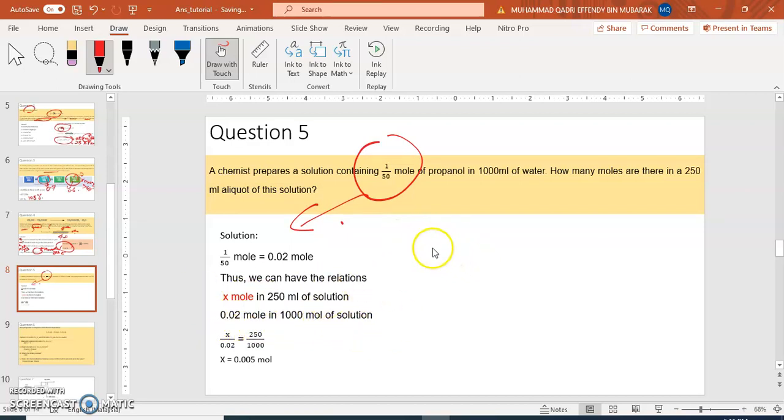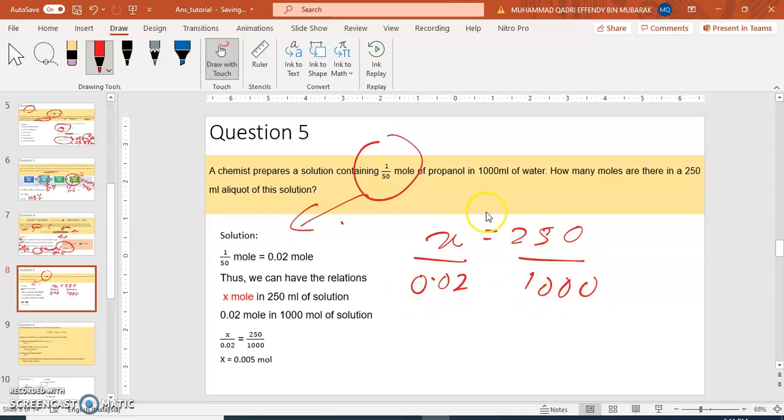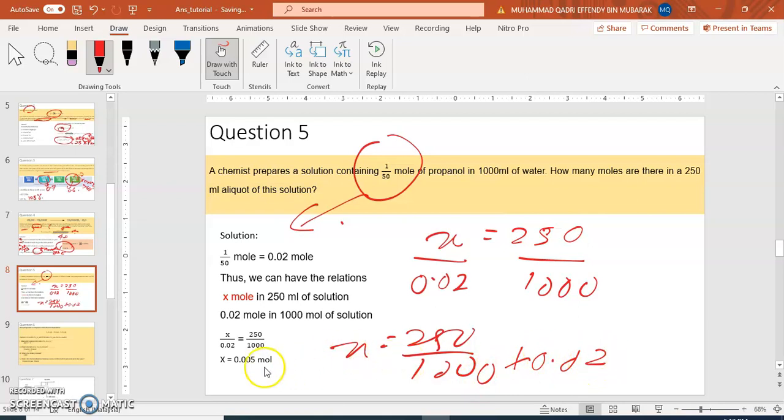By using this relation and rearranging our equation, we will get the moles present in 250 milliliter of the solution, which is 0.005 mole. You also can rewrite the answer like this, 5 times 10 to the power of negative 3.